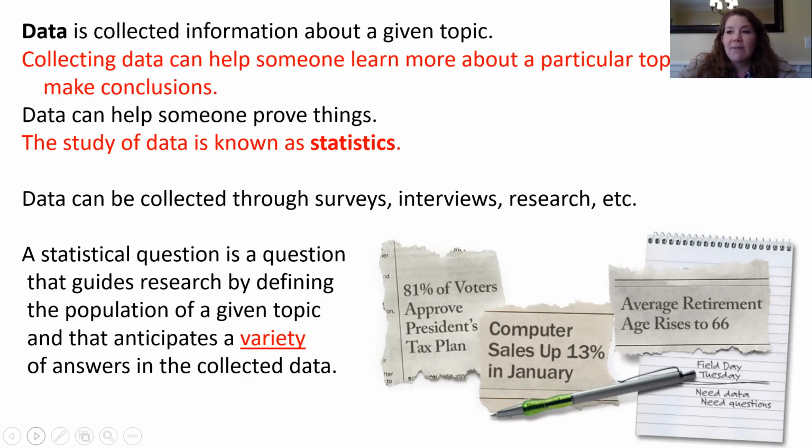So for example, if I went up to someone and I said, how old are you? Well, there's only one answer to that question, right? So asking someone specifically their age, that's not a good survey question, because when I ask, how old is John? Well, there's only one answer. John is a specific age, right?